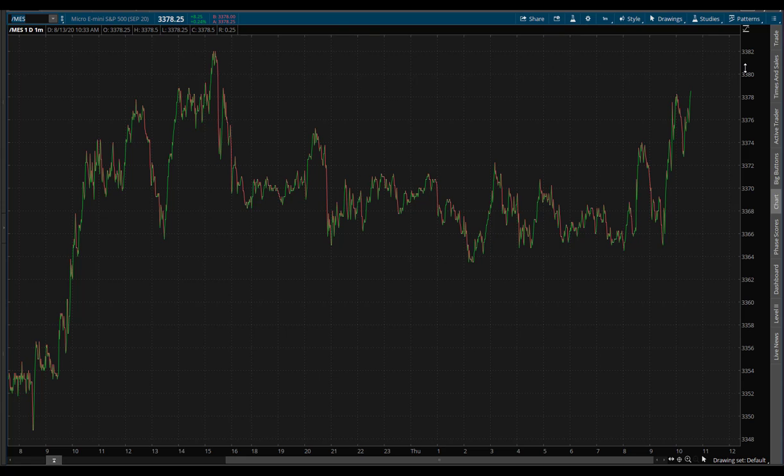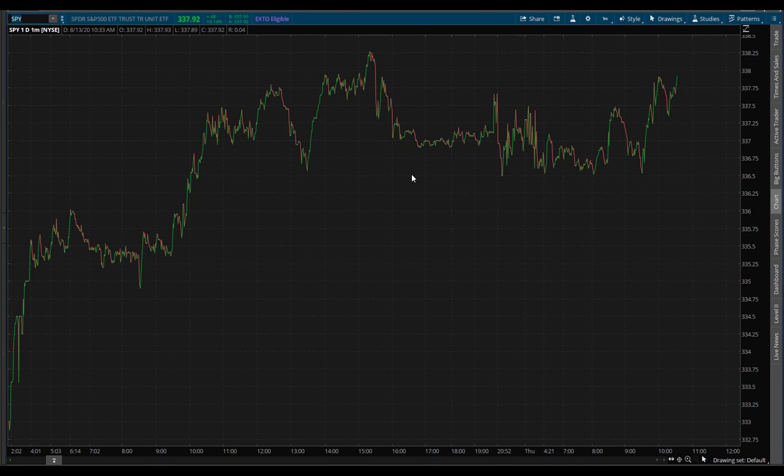It doesn't matter. So when this goes to say 3,380, the SPY will go to 338. It's on purpose. One is 10 times more, but it doesn't matter because I'll be switching back and forth from these two, and it won't matter.